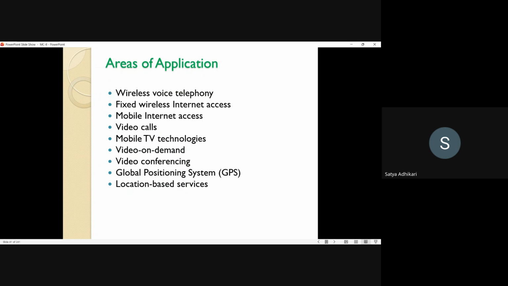Video calls, you can perform video calls. Mobile TV technology, video on demand, video conference, GPS system, that is you can access the network, location based service. So these are the areas of application of 3G network phones.